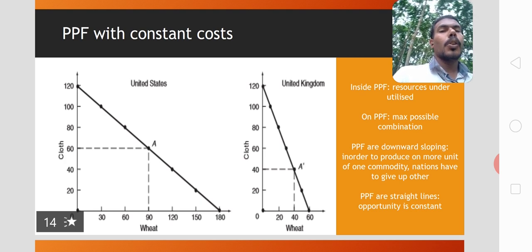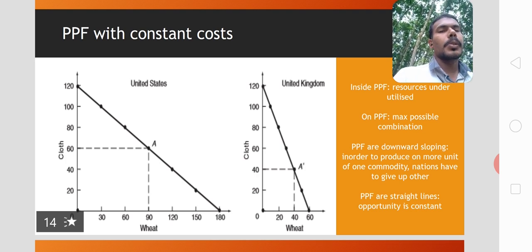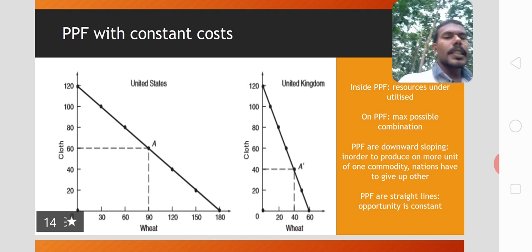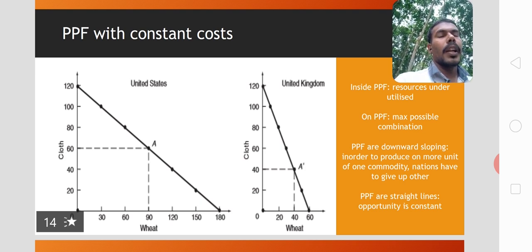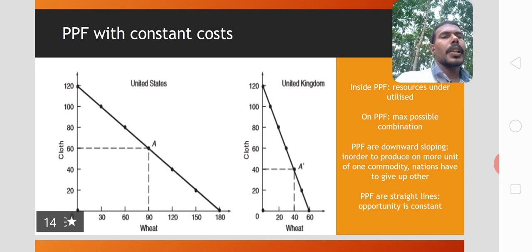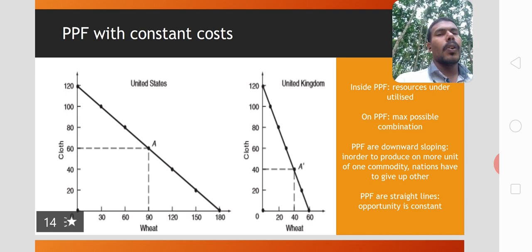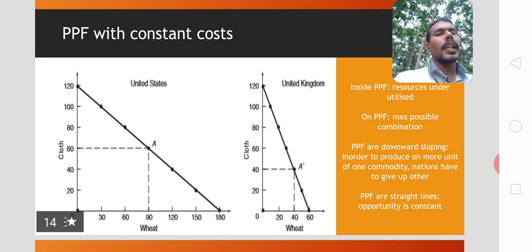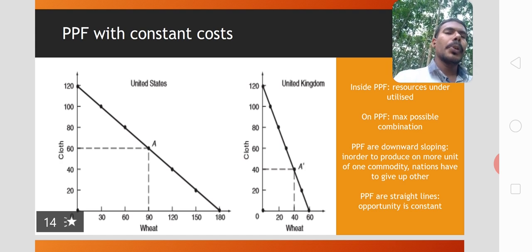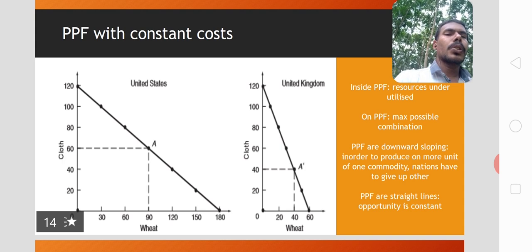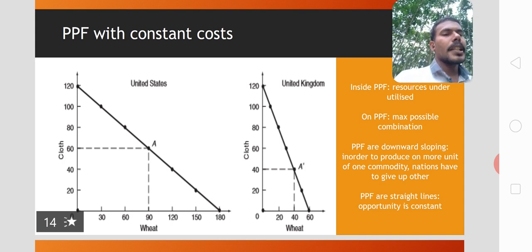So maximum of 180 units of wheat can be produced by United States, and maximum of 120 units of cloth can be produced by US. At the same time, UK can produce 120 cloth maximum or 60 wheat maximum.